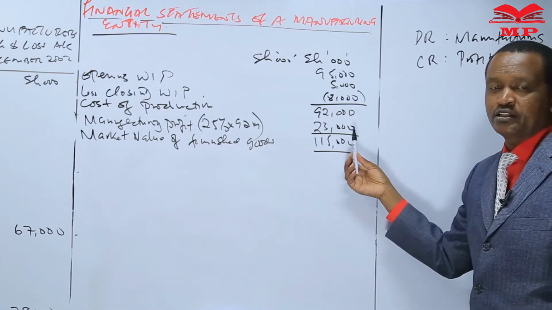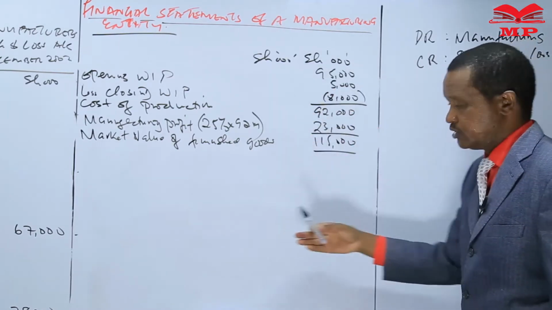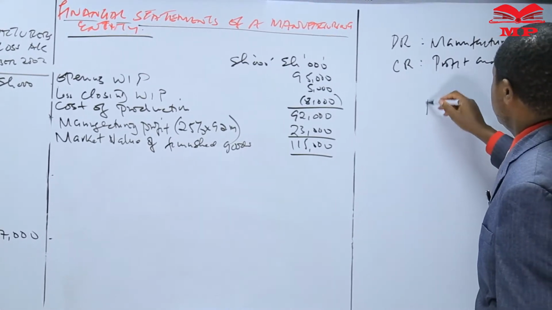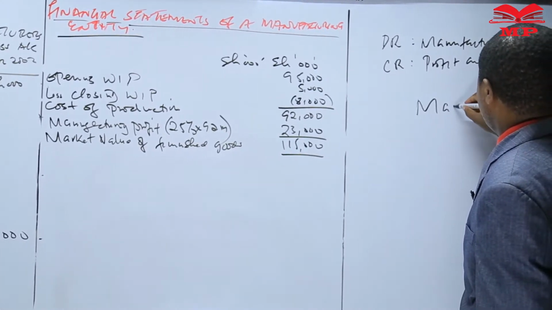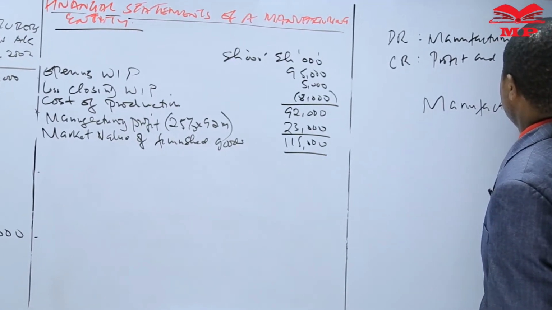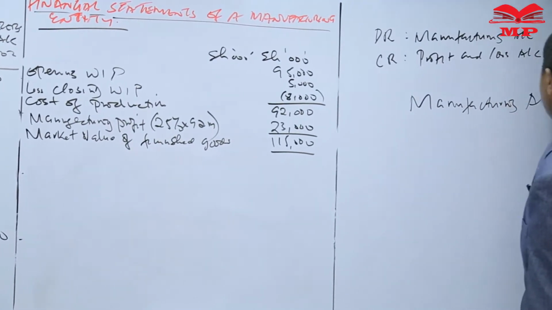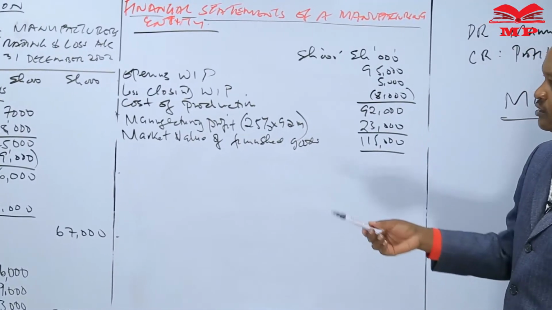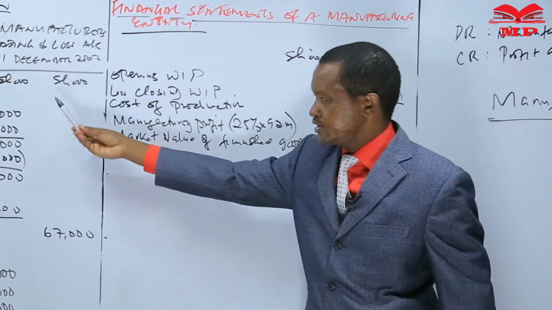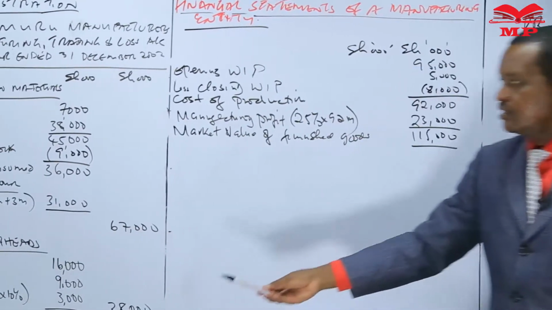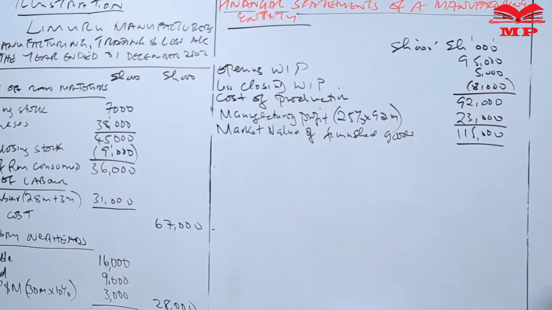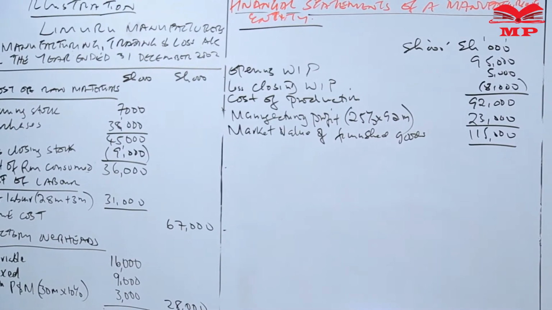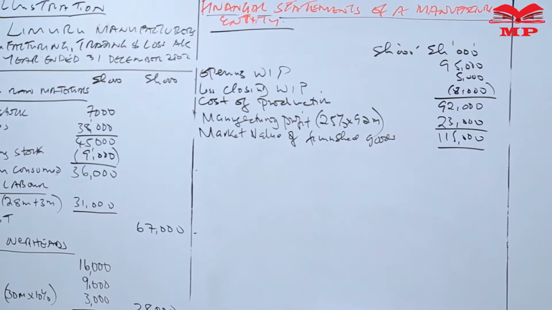Here we are preparing these records using the vertical method. But if you are to do the horizontal method, then this is what we will have. Manufacturing account. Candidates will appreciate that all these are costs, and if they are costs, then the manufacturing account will be debited by all these costs.